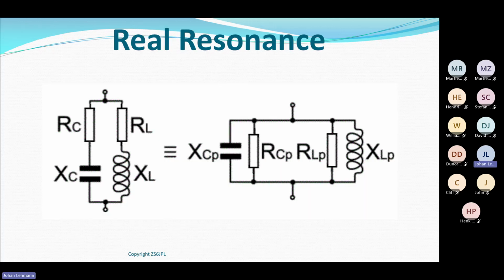Okay. Just to put it in the picture for you, in real life, this is actually what a capacitor and an inductor would look like represented graphically in a resonance circuit. The capacitor has some internal resistance, which is going to cause losses. And the same with the inductor.